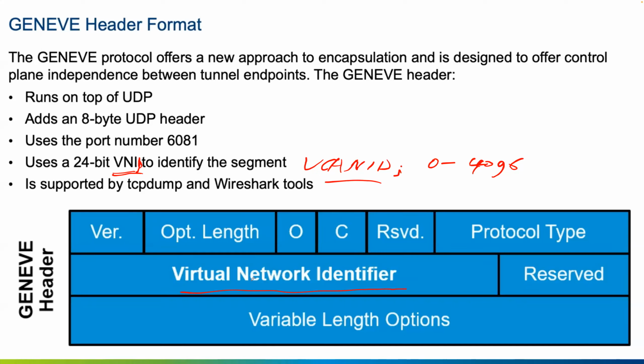You can use a lot of VNIs to separate your applications, your subnets or segments, into different VNIs, to make it more manageable.